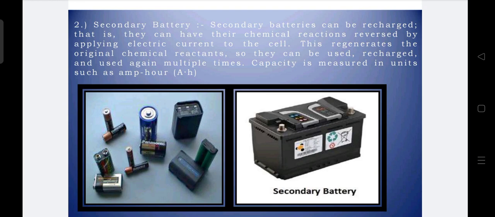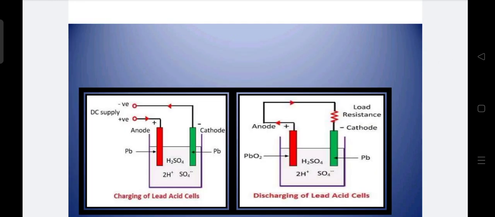Capacity is measured in units such as amp-hour, A.H. The modes of charging of lead acid cells or discharge of lead acid cells.